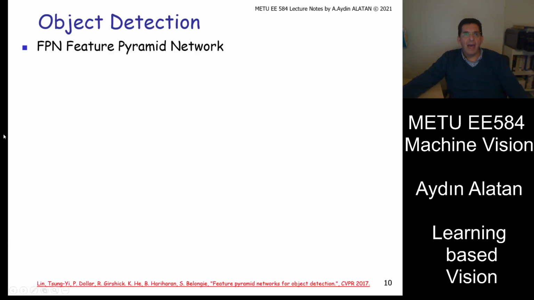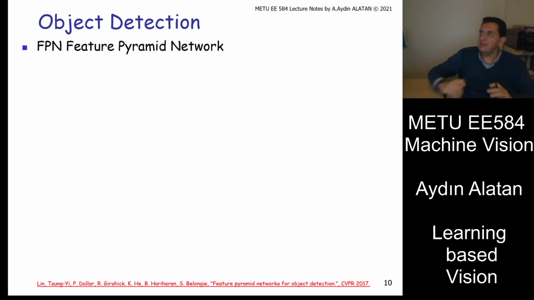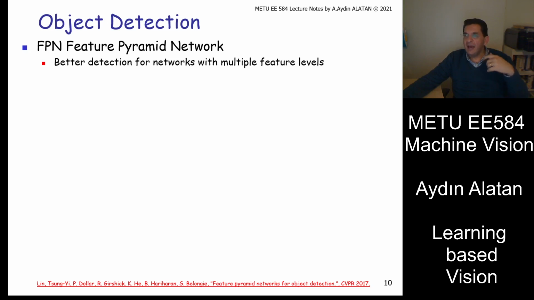Okay, now about object detection, one other famous technique is the feature pyramid network. It is not a single algorithm. In fact, that's a concept being utilized in many of the algorithms. Feature pyramid network is simply a way of using your CNNs, especially for the case with small objects.